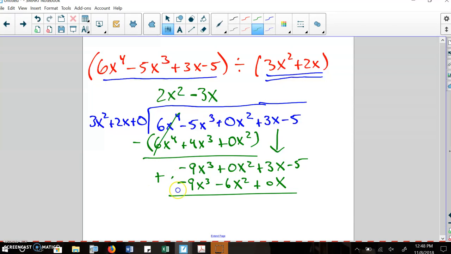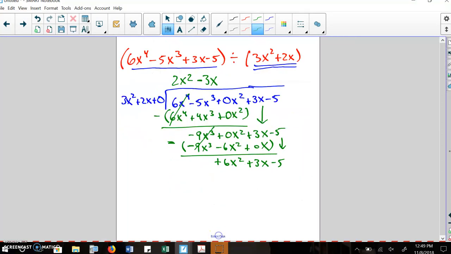Now I'm sorry, I should be subtracting here in the middle, not adding. My mistake. Negative 9 minus negative 9, those cancel. 0 minus negative 6, that gives me a positive 6x squared. 3x minus nothing, that's still going to be a plus 3x, and I'm going to bring the minus 5 down.